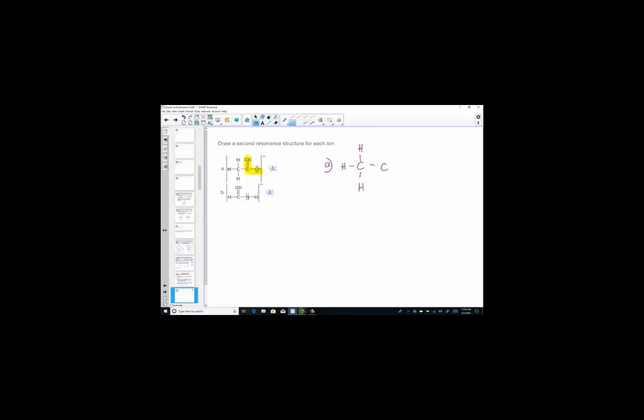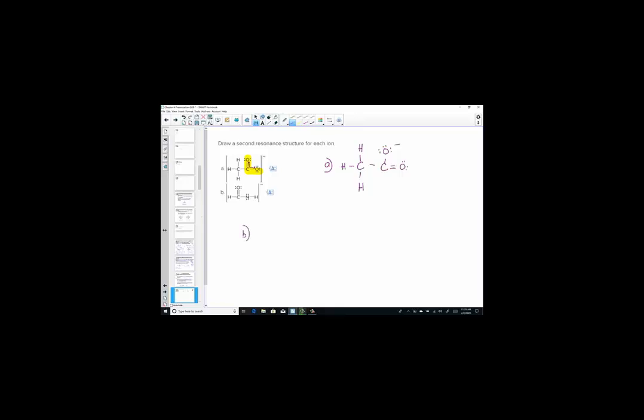It could place the double bond leading to the oxygen up top, or an equally valid choice is placing it to the right and making that the double bond. These two are known as resonance structures. We've delocalized the double bond. It spends time equally between both oxygens on that carbon.